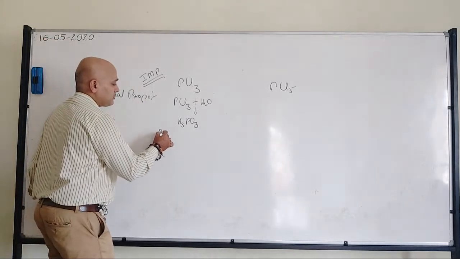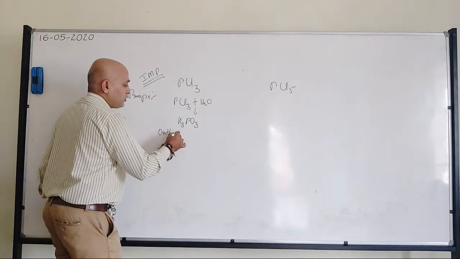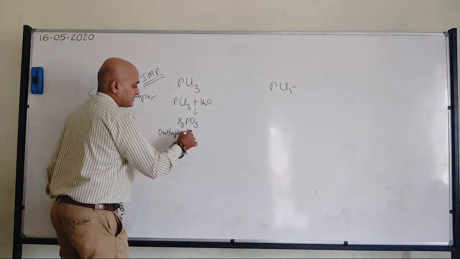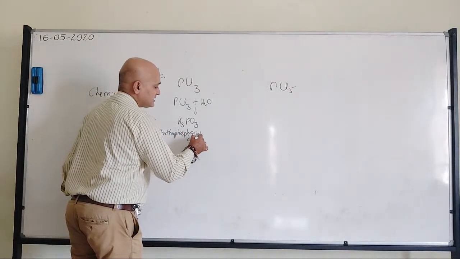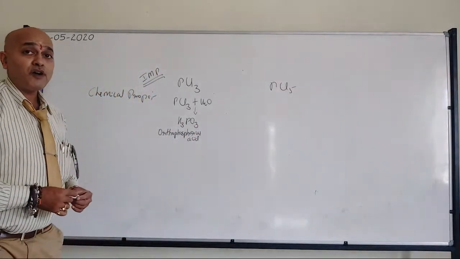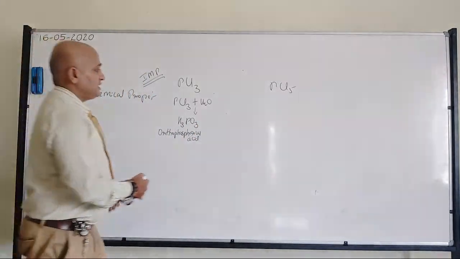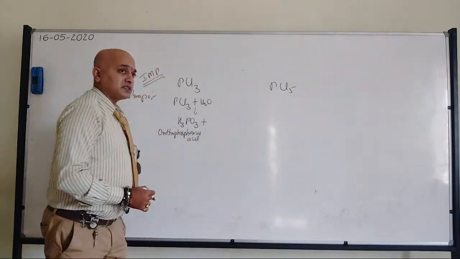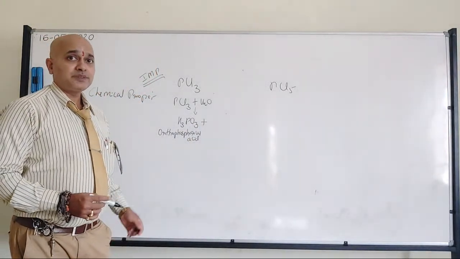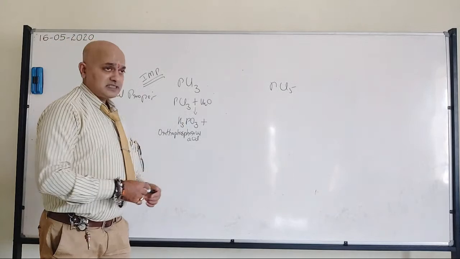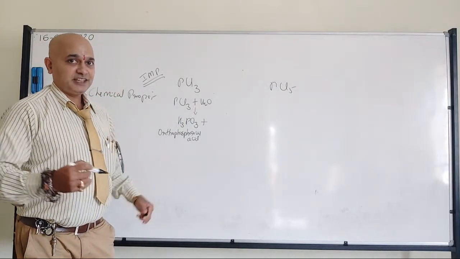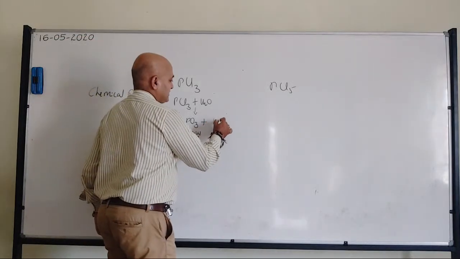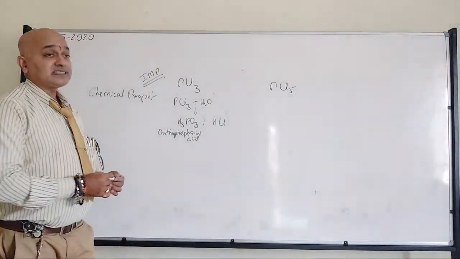Now this molecule will be called orthophosphorus acid, plus another product. It has to be there because chlorine has not come. It will be HCl.